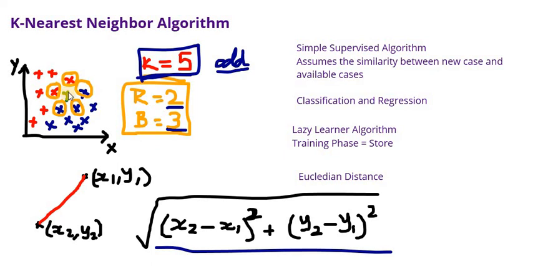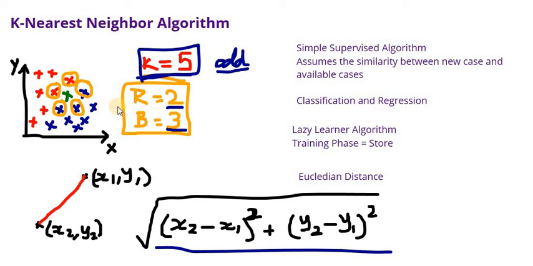From that you need to identify the 5 nodes which have the least distance. As the value of k is 5, you are going to find the k nearest neighbors. Once that is done, you need to analyze the category. Here in this example, you have 3 blue nodes which are nearer, so this new data belongs to the blue category. That is the conclusion. This is a very simple algorithm, you can easily do it.